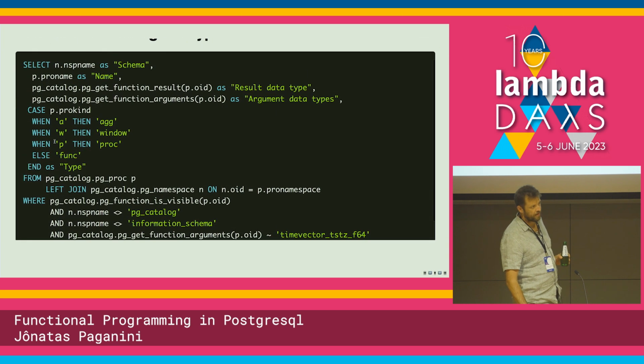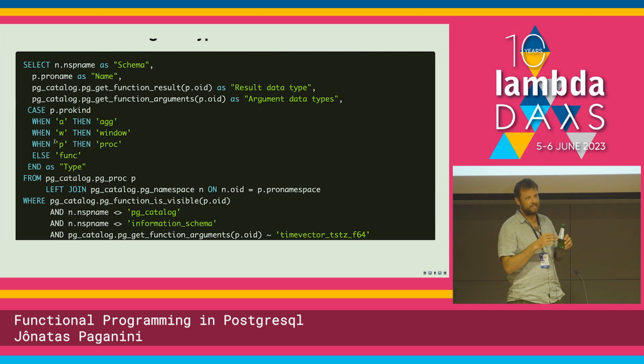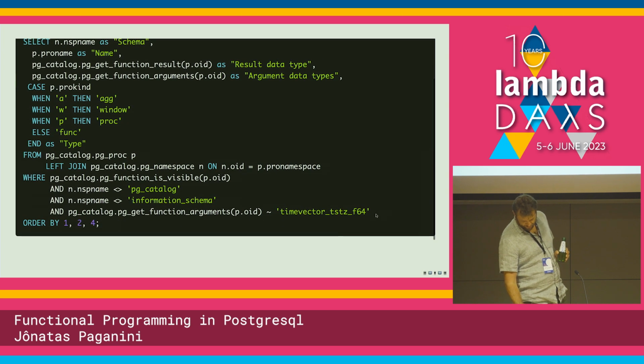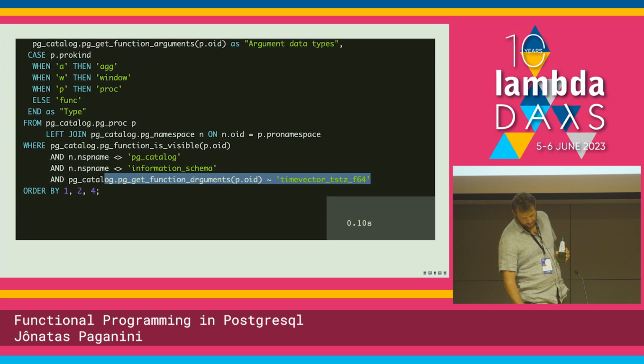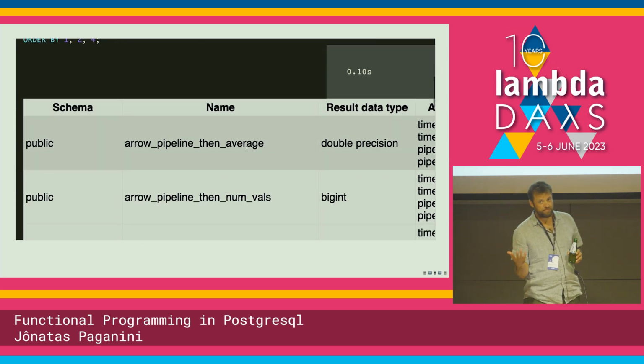So basically, it's like when I say \df on Postgres, it's like describe functions for me. So I am describing all the functions, but here in the last param, I'm just fetching all the functions that are matching with arguments that are time vector, that is my previous type, right?